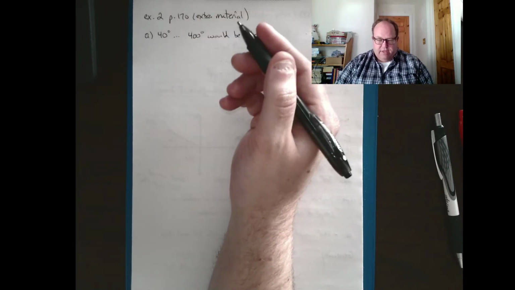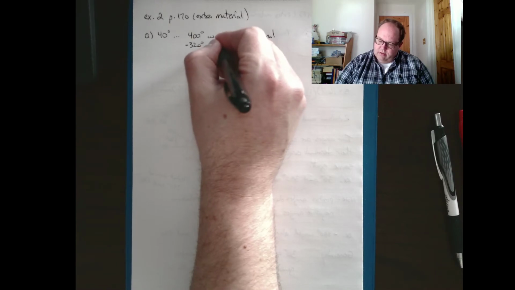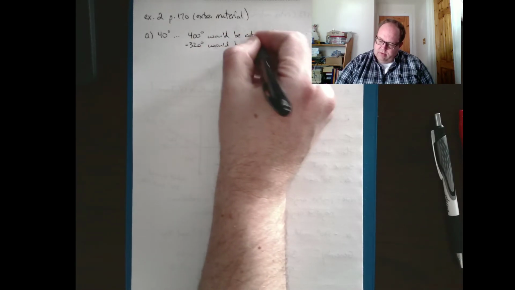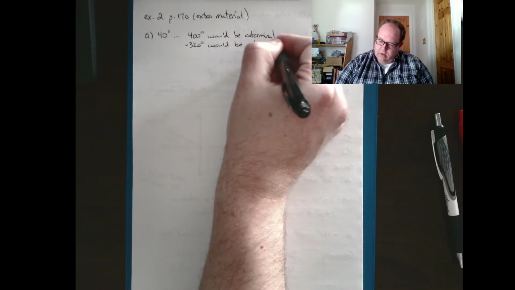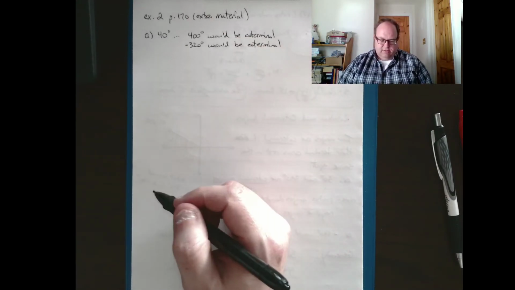And I subtract 360 degrees. Negative 320 degrees would be coterminal. And there is one positive and negative angle coterminal with 40 degrees.